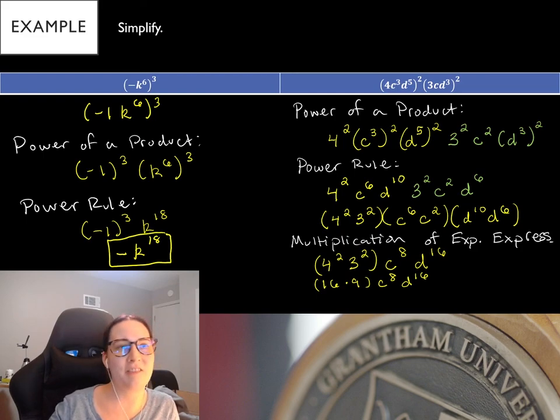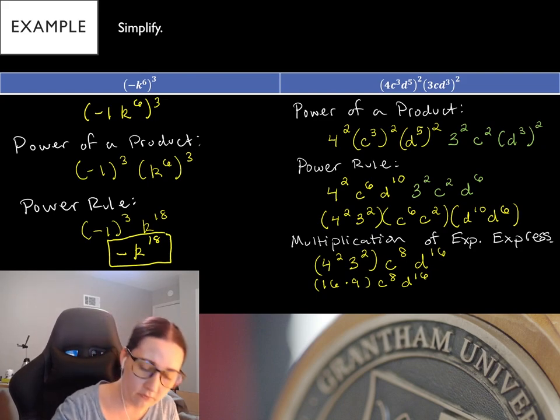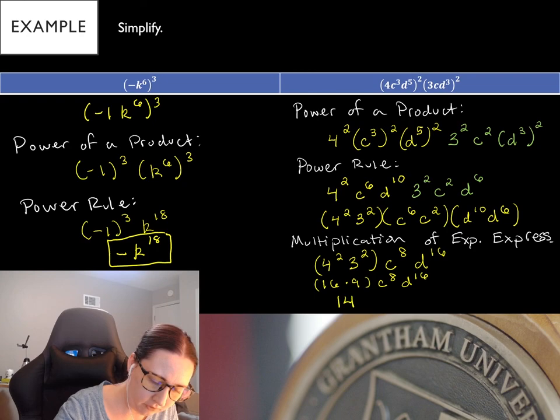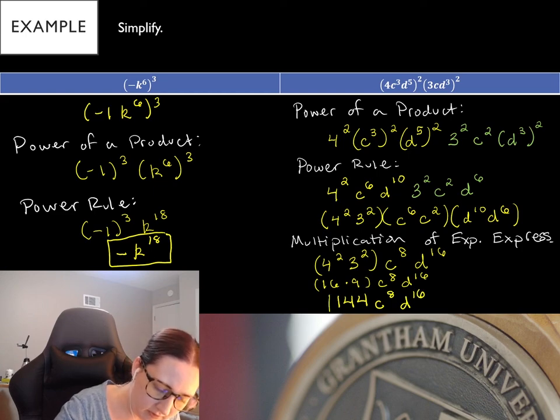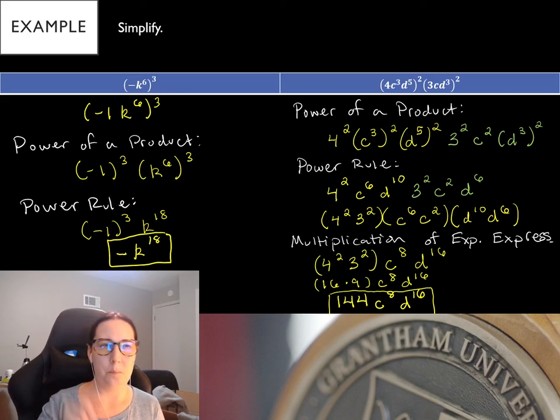So that's 16 times 9. So 16 times 9 is 144. So our final answer will be 144, c to the 8, d to the 16. And there we go. So barely enough room there.